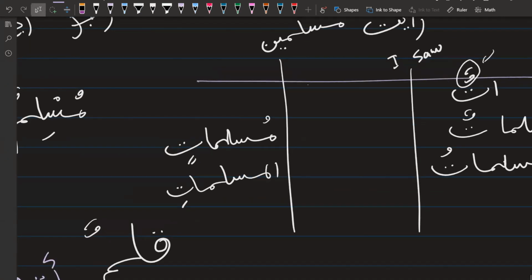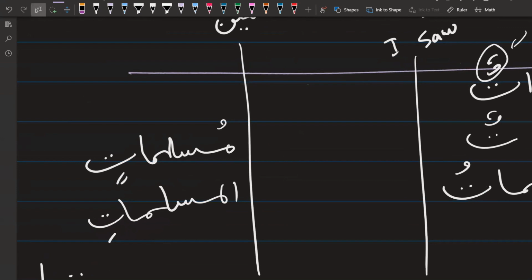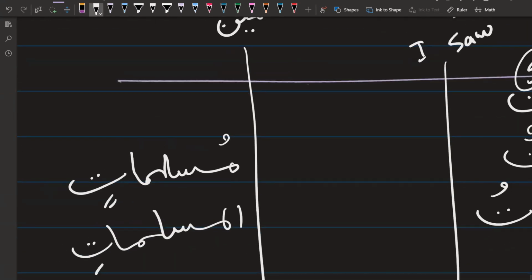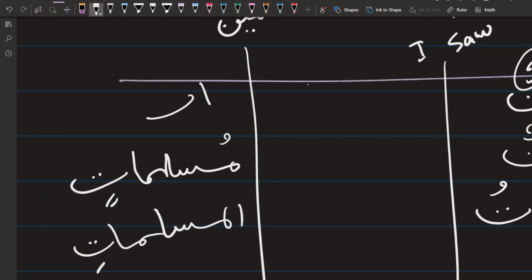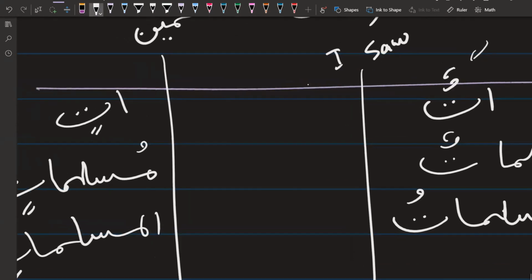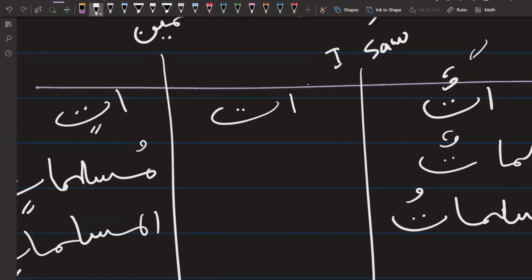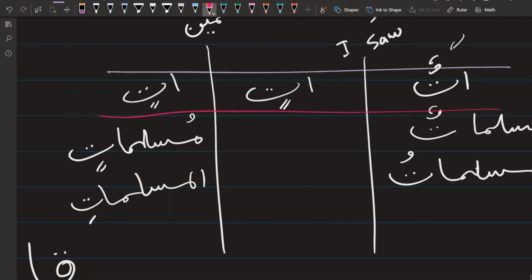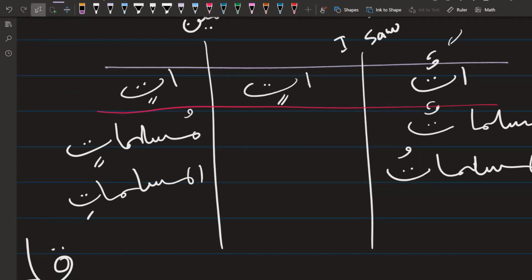Now, what do we do in the accusative? For the accusative, you do what? Exactly the same thing. You add kasra. And that usually takes time to swallow because it is kind of weird and it also becomes confusing sometimes.